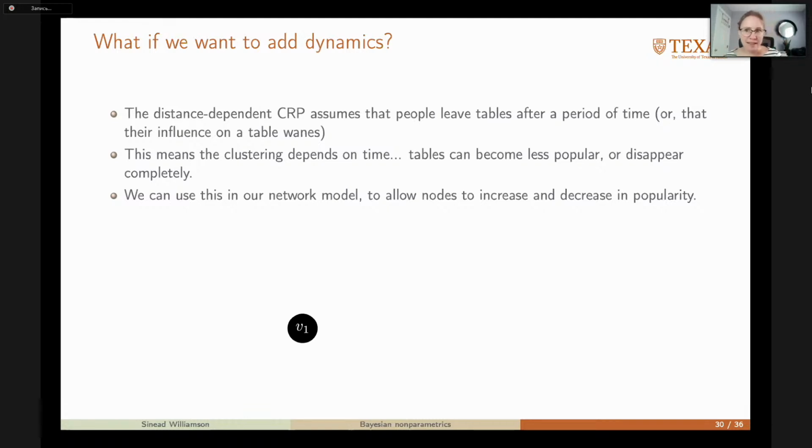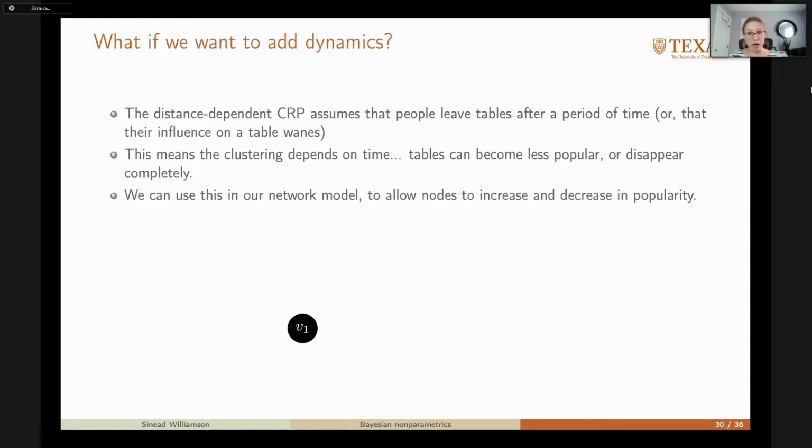Or more generally, maybe they don't leave, but their contribution to the table wanes over time. For now, I'm going to assume that they just leave. So at a certain point of time, their contribution drops to 0. And this means that our clustering is no longer exchangeable.